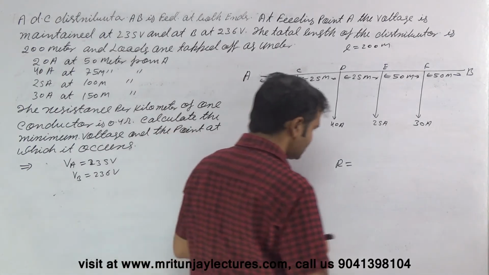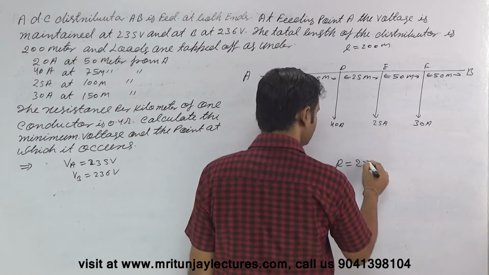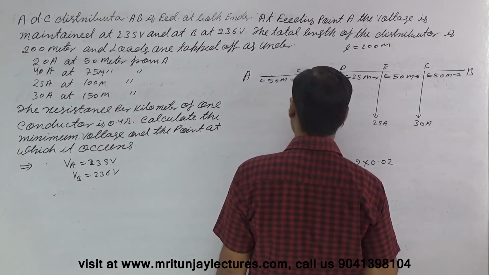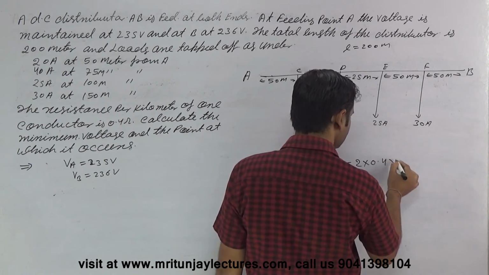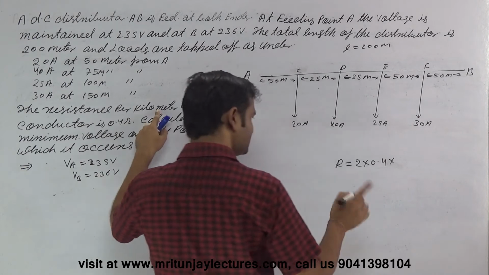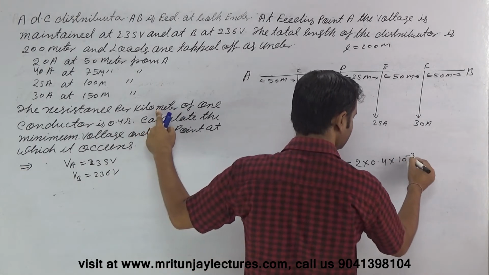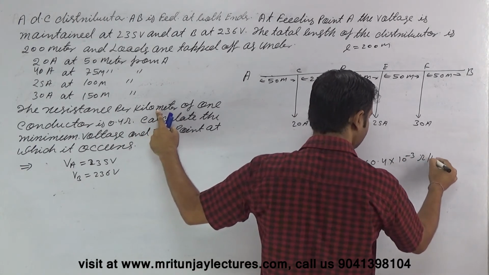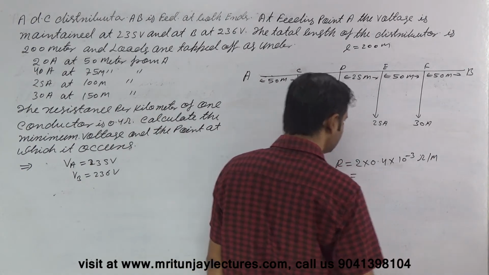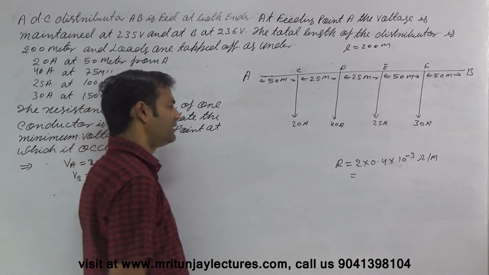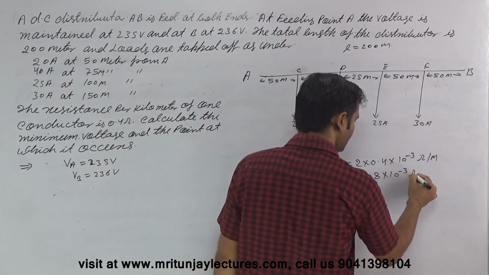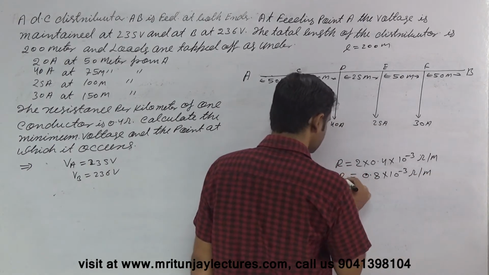That's why multiply by 2 into 0.4, that is 0.8 into 10 to the power minus 3 ohm per meter, that is R. Clear?